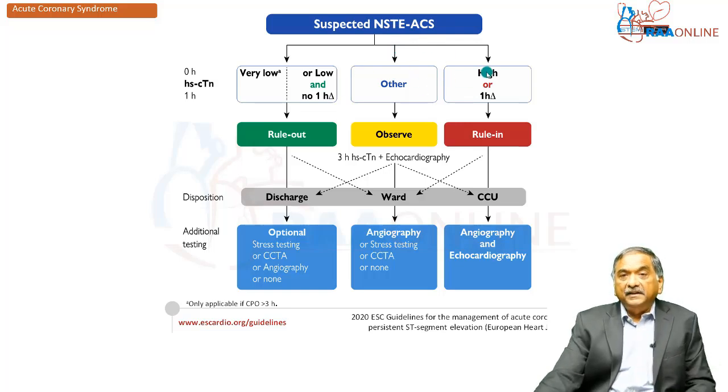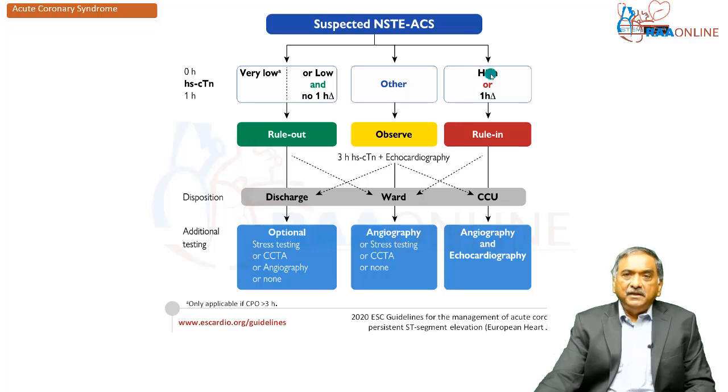If on the other hand it is very high, or there is a significant change in 1 hour, then this is a patient who has non-ST elevation ACS, needs to be moved to a CCU, and then risk profiled to decide whether it's high risk, intermediate risk, or low risk, and then the treatment follows that.